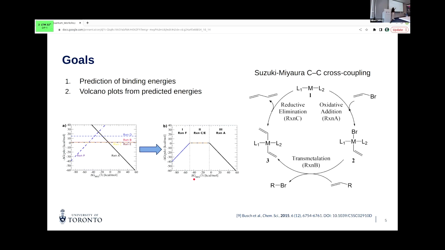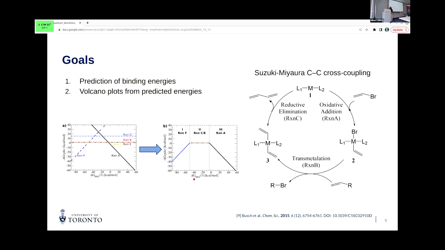That will give you a volcano-shaped plot, and that will give you the information as to where the ideal catalyst would sit. The catalysts that sit on top of the volcano are the ideal ones, because you wouldn't want a binding energy that's too strong, meaning on the left side, or too weak, on the right side.